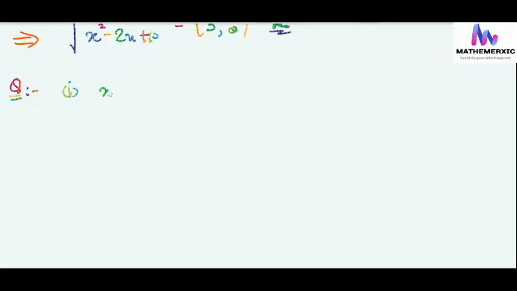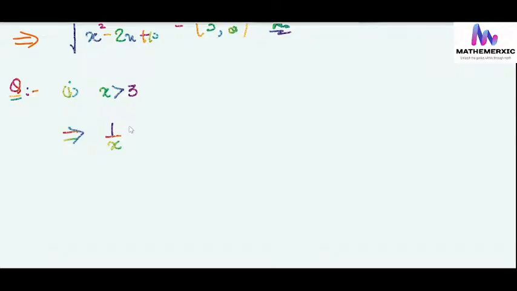We were given x is greater than 3. Find the value of 1 by x for the given value. So 1 by x we need to find. X is greater than 3. For 1 by x, will the sign be changed or not?